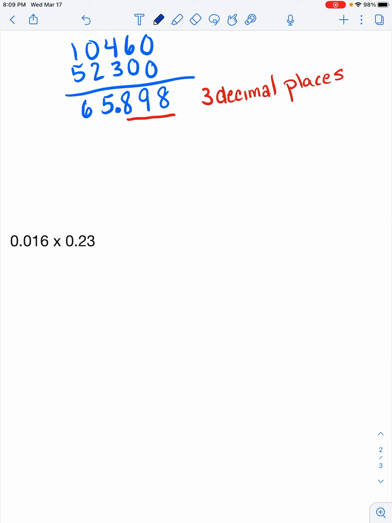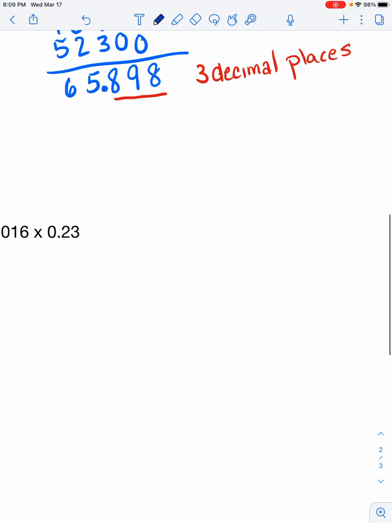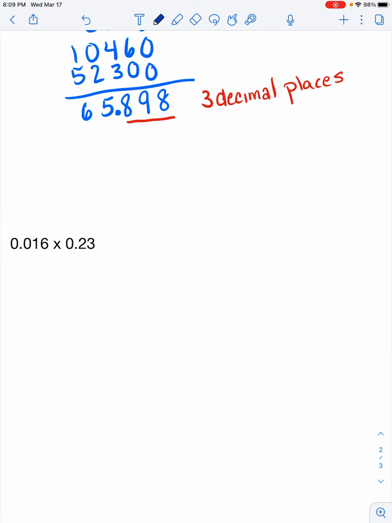Let's make it small so it all fits on the screen. 0.016 times 0.23. Again, you will see that I don't line up my decimal points because my answer is not going to match up to the number of places to the right. It's going to be the sum of the places to the right in the factors.